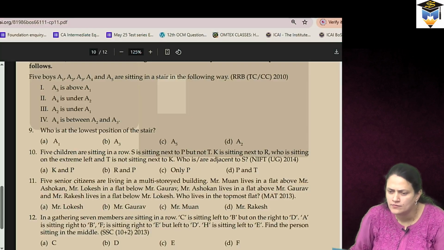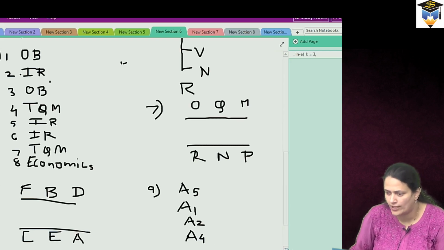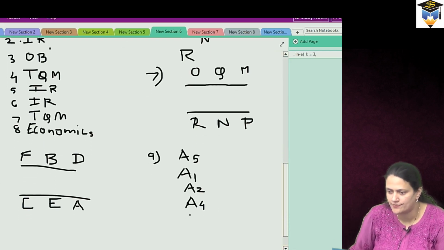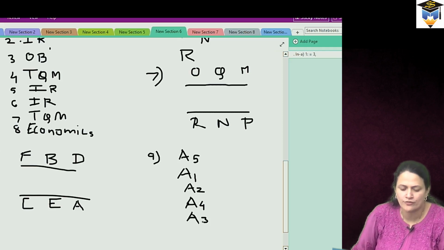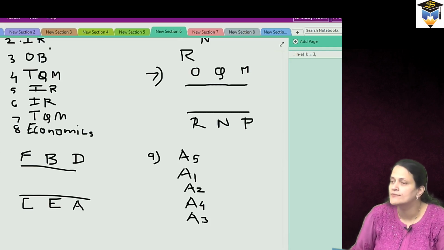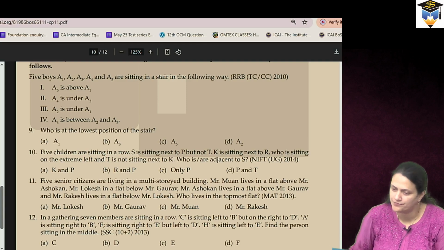And then A4 is between A2 and A3. So A3 is going to sit at the last. The question is, who is in the lowest position of the stair? Answer is A3. Option B.